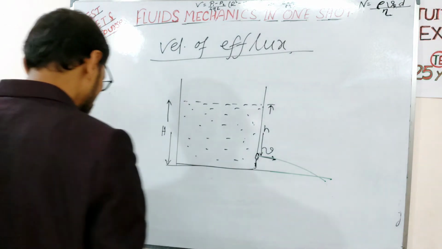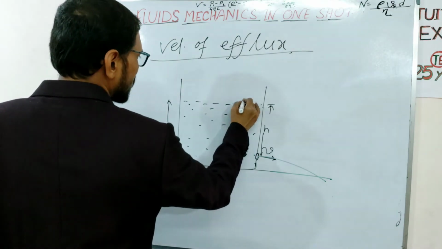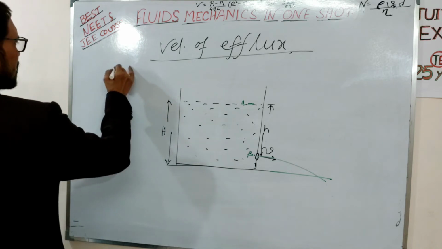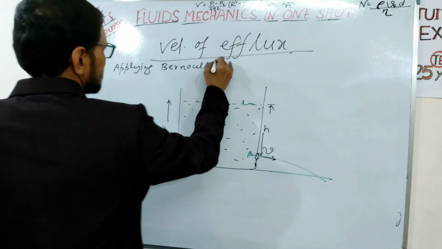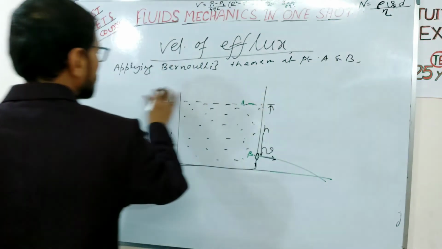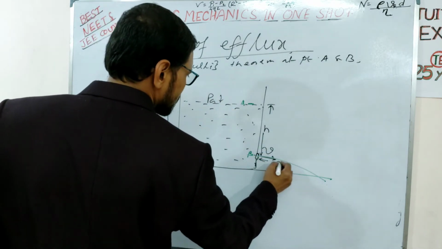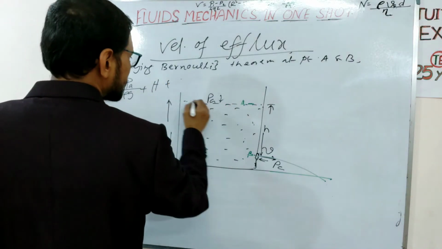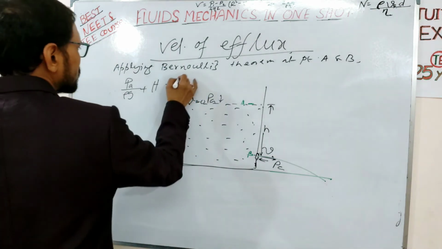What is the velocity of efflux? If we consider this point and this point and apply Bernoulli's theorem between the two points, suppose this is A and this is B, what do we get? We get the pressure here as atmospheric pressure PA, here also atmospheric pressure PA, so PA by rho g plus H plus V. Here the velocity becomes 0 because the liquid surface drops very slowly, so we consider velocity 0.